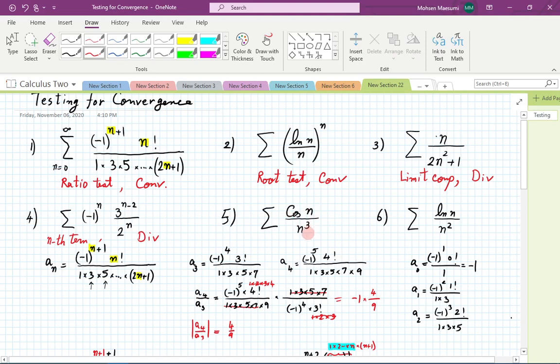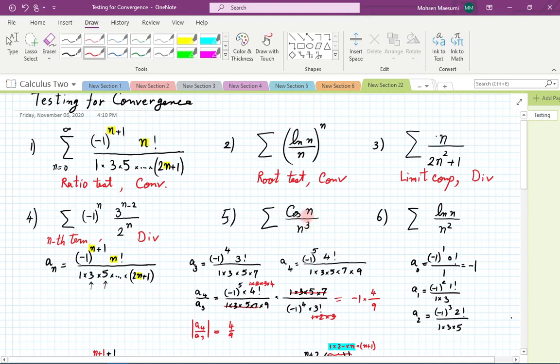Okay, then what? Then we say, well, perhaps I can compare this thing against another series. So what series is it? So cosine of n, I don't know what it's going to do, but I know cosine is always between 1 and minus 1. So this quantity is between 1 over n cubed and minus 1 over n cubed. And those converge by the p-series test. 1 over n cubed converges.